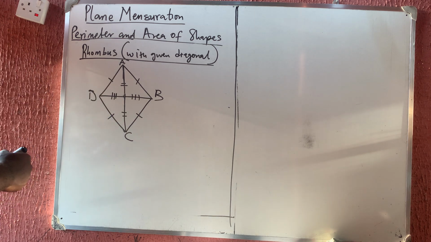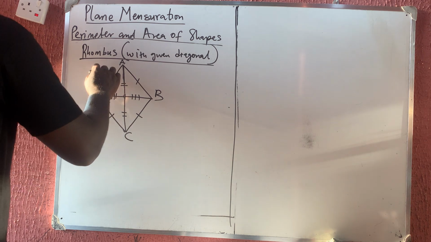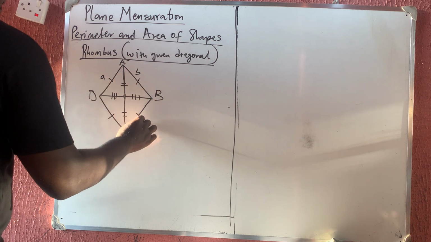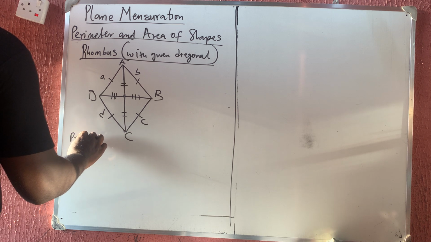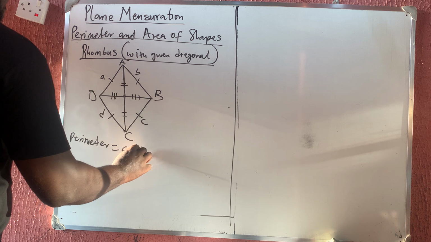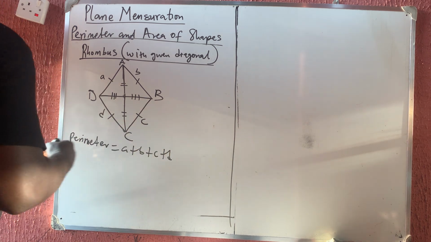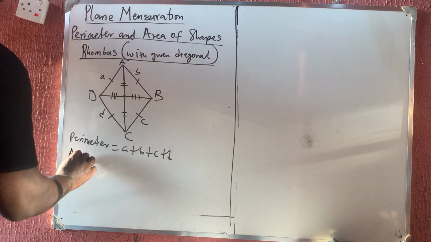The next thing you should know is the perimeter of a rhombus. Let's say the vertices are A, B, C, D. The perimeter is simply AB plus BC plus CD plus DA. The area of a rhombus is very simple.